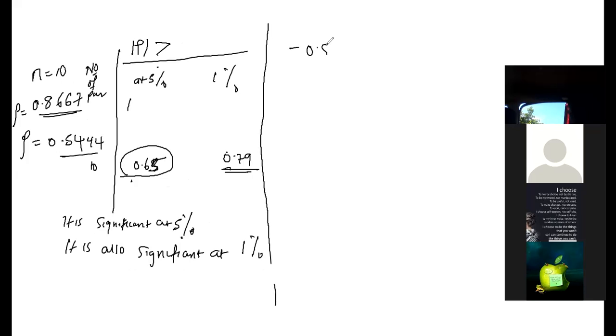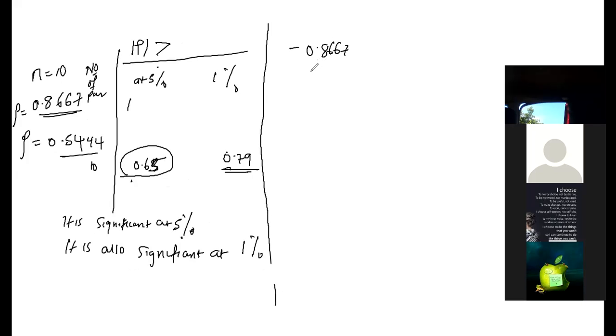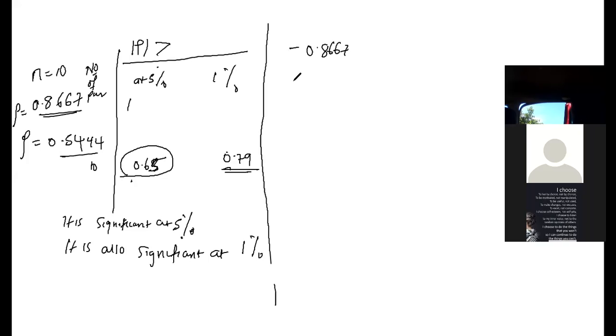My friend who had the question mainly. Yes, teacher. And by the way, when I get negative 0.8667, on commenting on the result, do I still say it's a negative very high correlation? Yes.